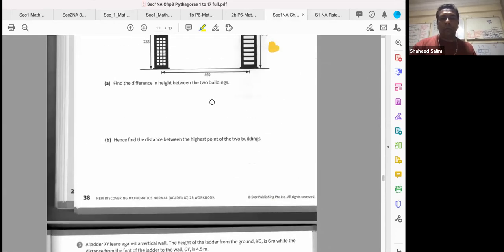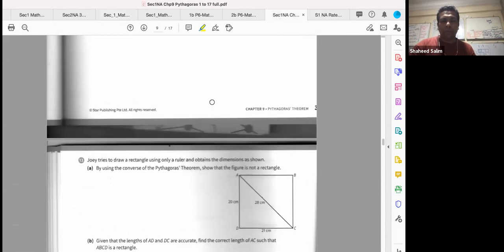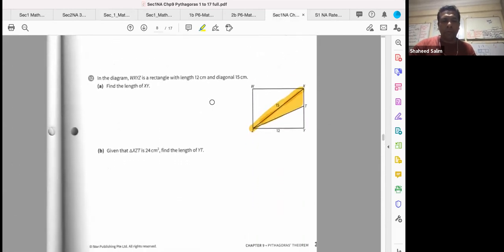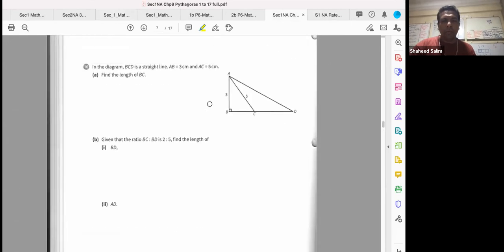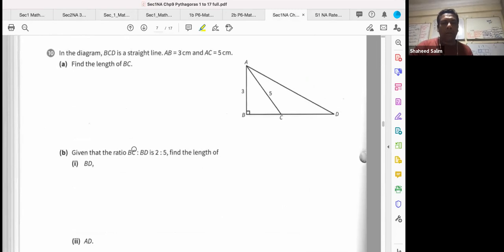Remember down here, now they tell you the ratio BC is 2 is to 5. You found out that now this is 4. So now BC is actually 4.